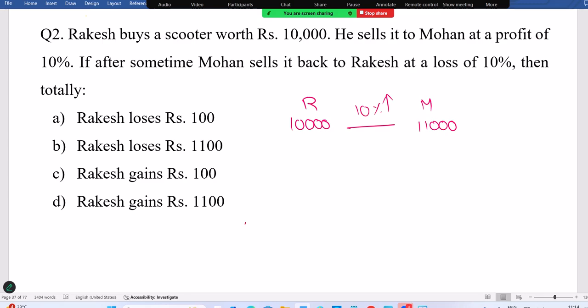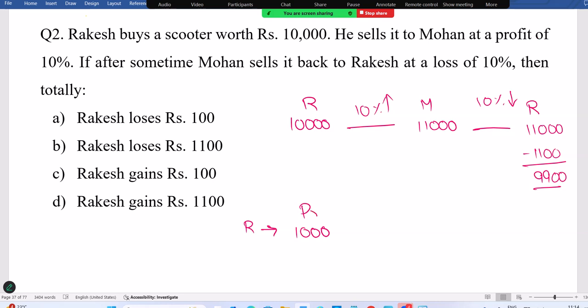Here Rakesh is getting 1,000 rupees profit already. Now Mohan sells to Rakesh at a loss of 10%. Mohan again giving to Rakesh with 10% loss means 1,100 removed. 11,000 minus 1,100 is 9,900.